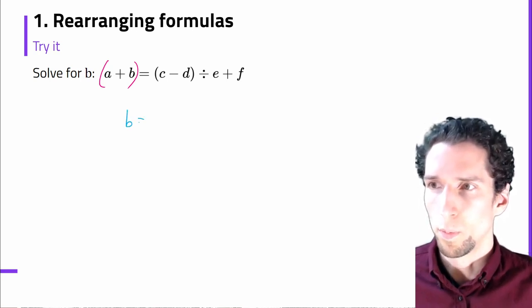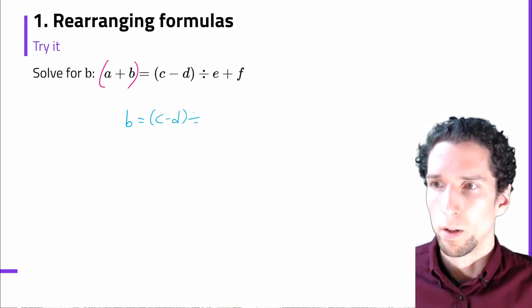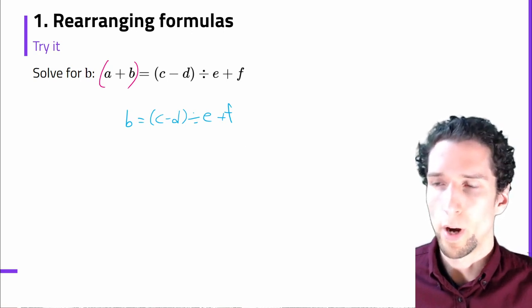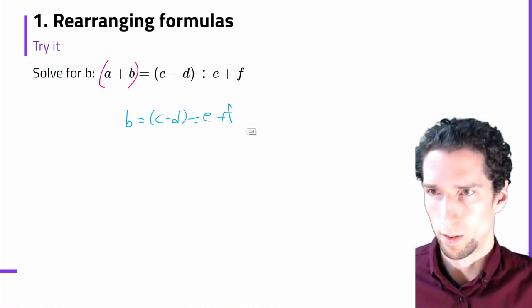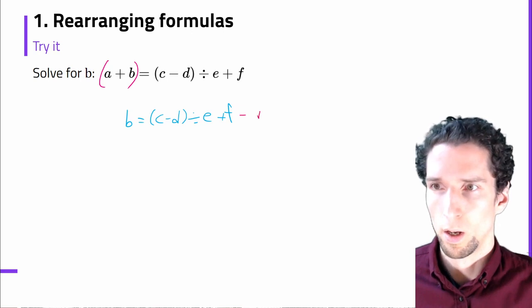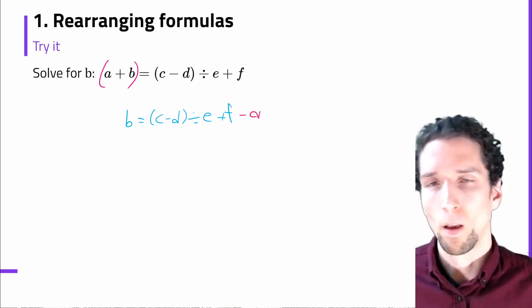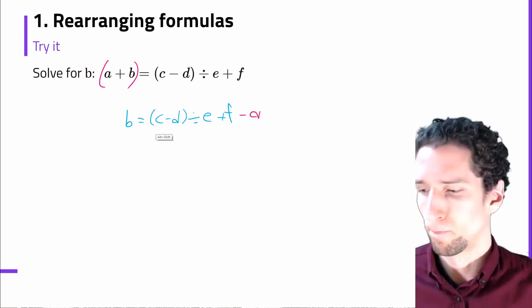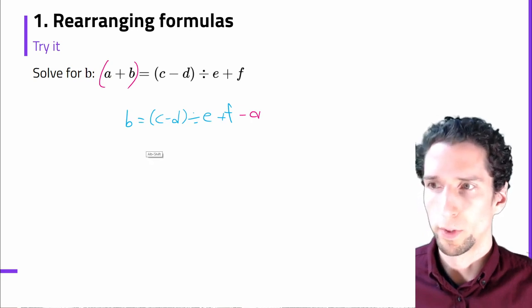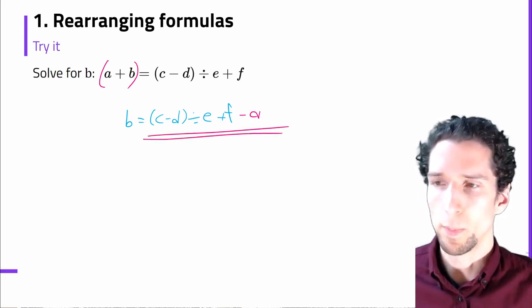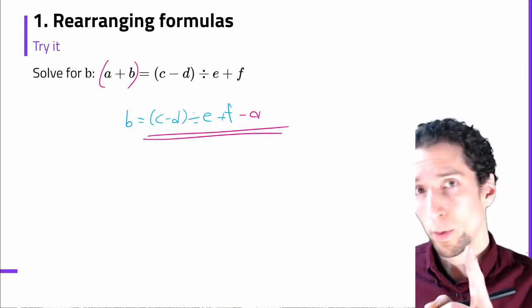So E equals (C minus D) divided by E plus F, and I'm just going to subtract A from both sides. Minus A. And that's it. That's solved. There's B isolated. That one was pretty easy.